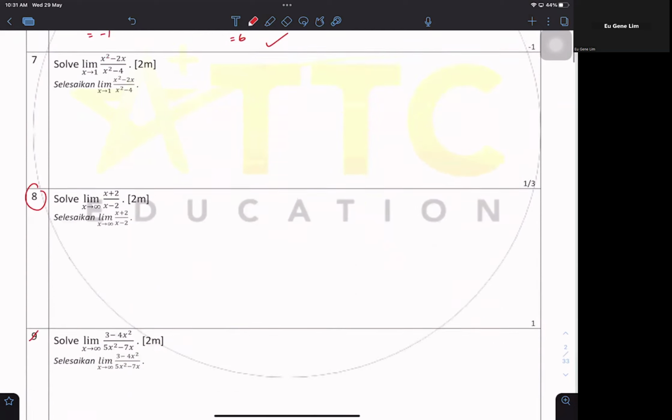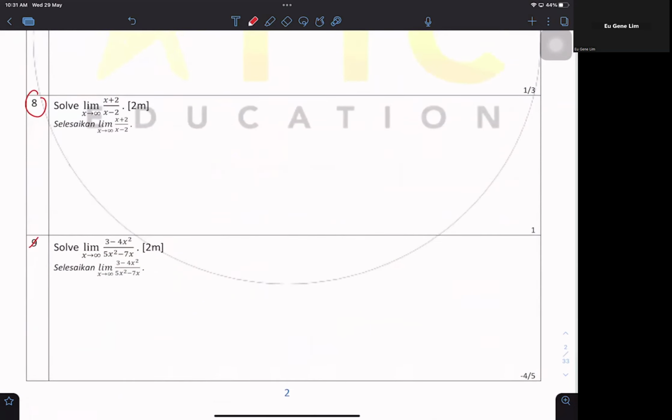Okay, next one. Also limit, but then infinity. How to do this one? Limit x into infinity, x plus 2 over x minus 2.